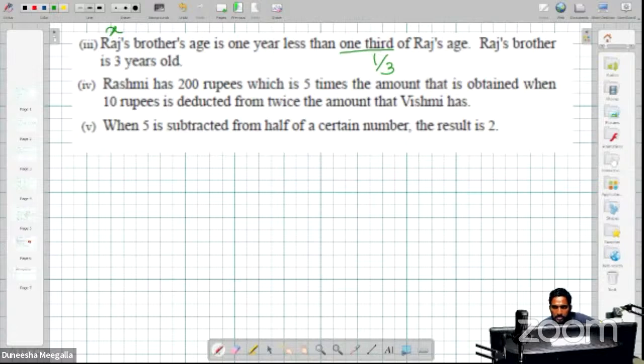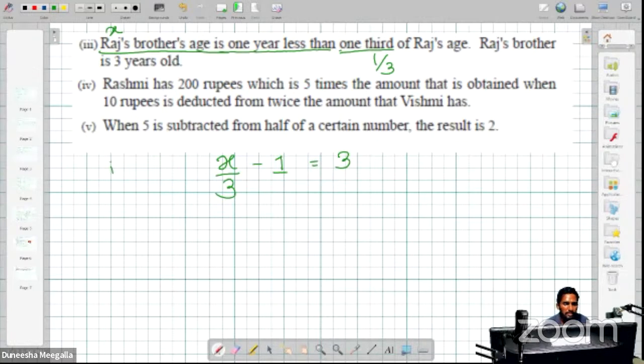Yes, Tisari, your answer is correct. Look, Raj's brother's age is 1 year less than 1/3 of Raj's age. 1/3 means it's divided by 3, and 1 less than that is equal to 3.